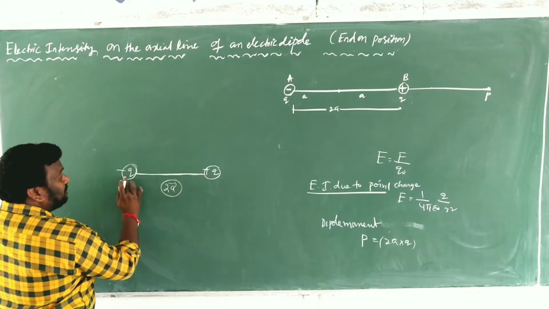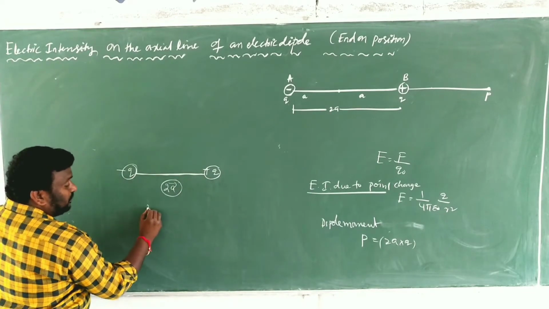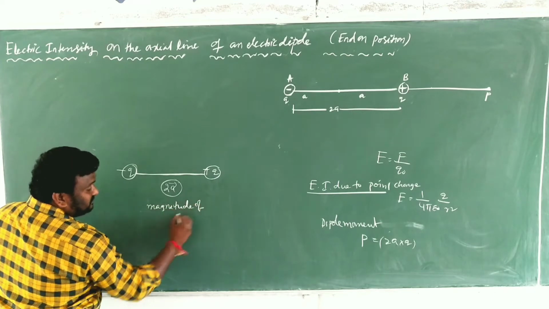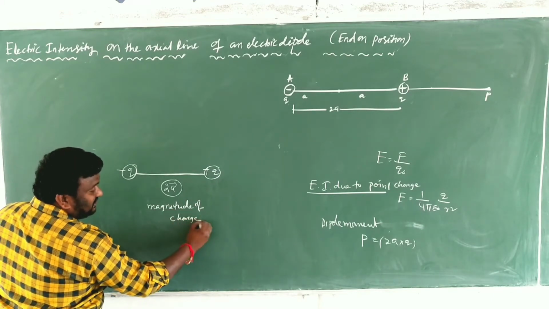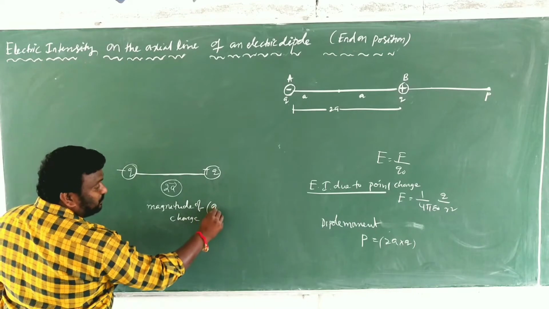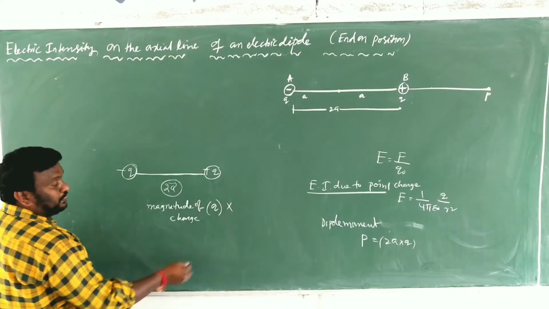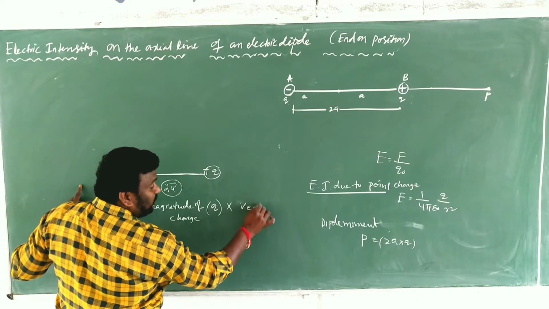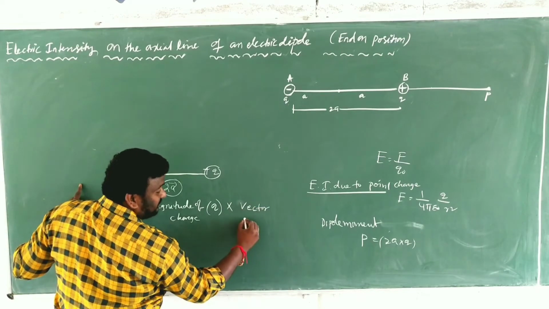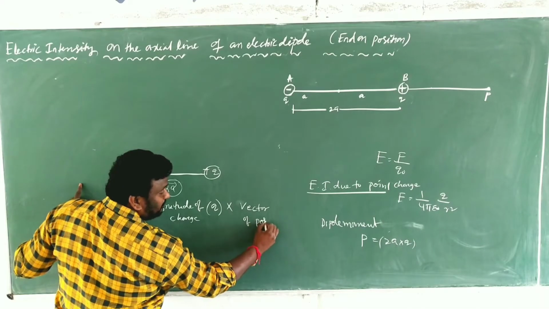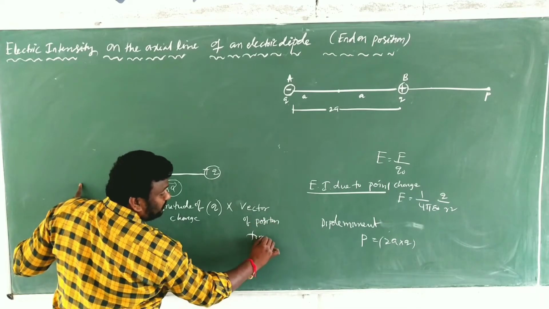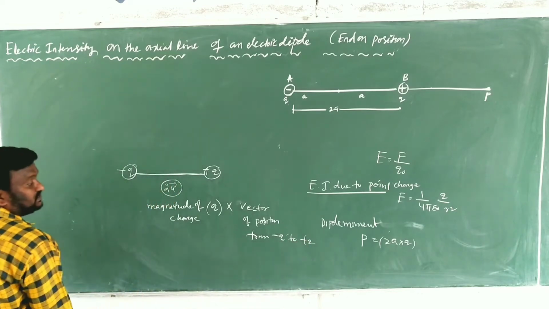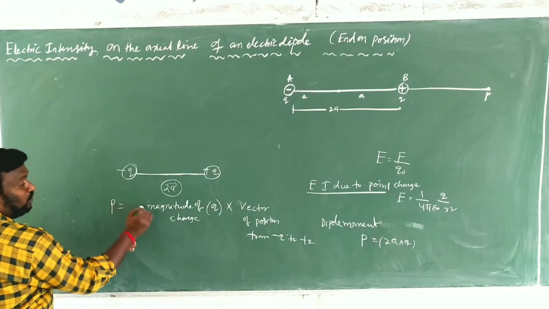So here the magnitude of charge is q, and q into 2a, where 2a means the displacement or position vector from the negative charge to the positive charge, is what we call dipole moment.